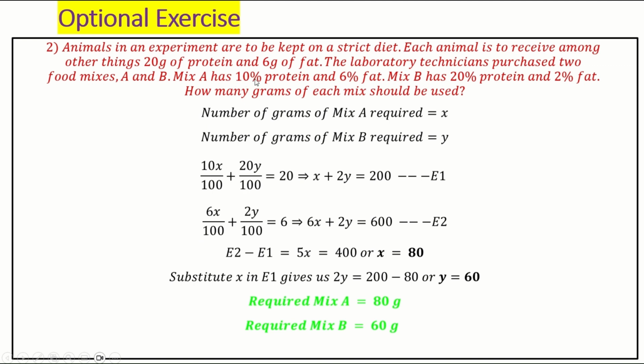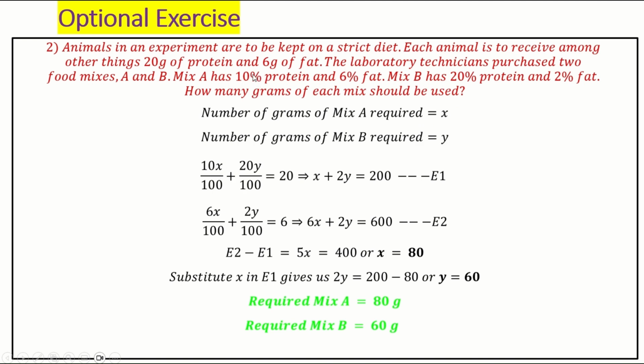If you look here, I am taking the number of grams of mix A as x, the number of grams of mix B as y. Okay, these are my variables.